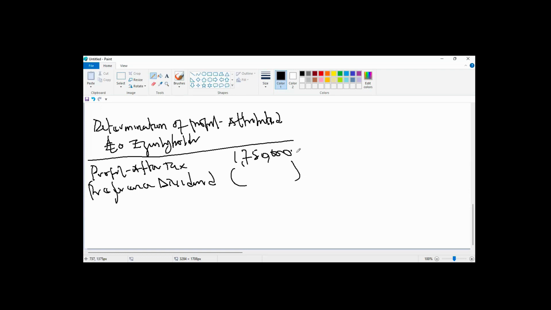How much is the preference dividend? 2,750,000.